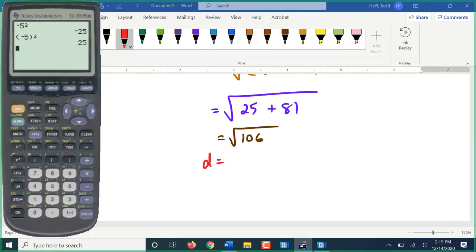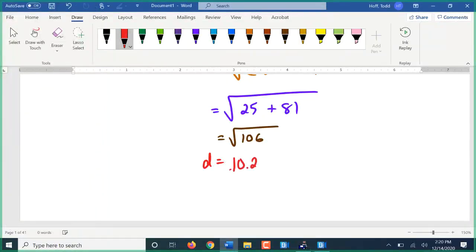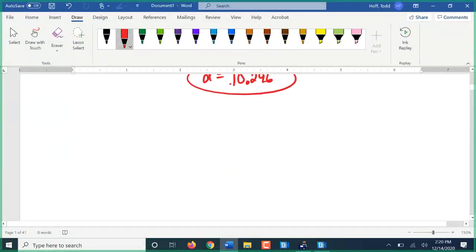Oops, clear that out. Come on now. There we go. Square root of 106, 10.296. That's our length of that segment connecting those two points, or the distance between those two points, 10.296 units.